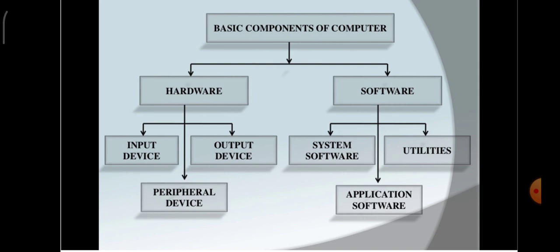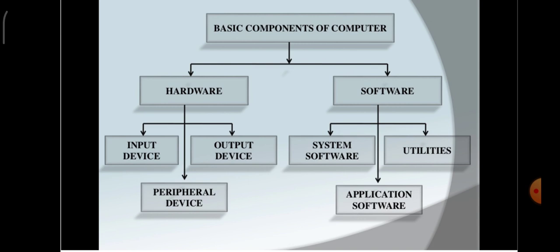Now look at this basic components of computer. Take a look at this. Now the basic components of computer is divided into hardware and software. The hardware is subdivided into 3.